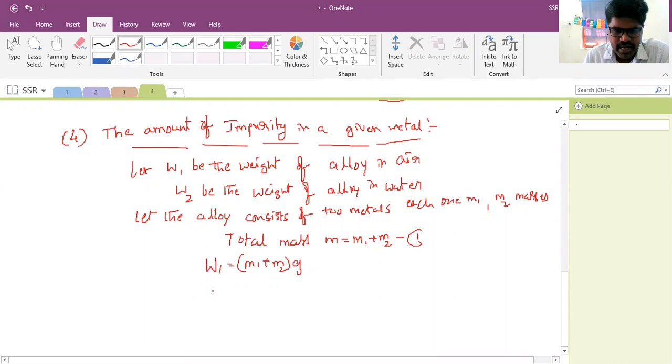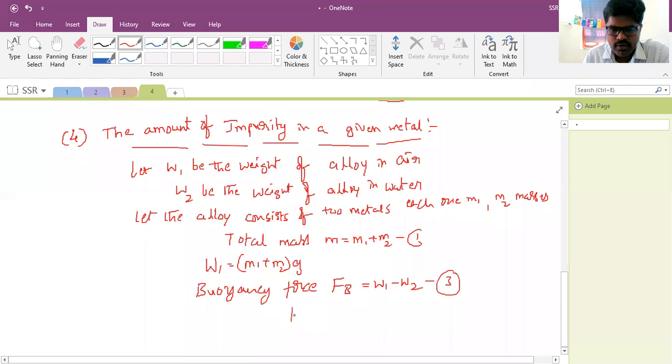Then the buoyancy force Fb, when it is kept inside the water, is equal to W1 minus W2. That we know already; this is equation number 2.